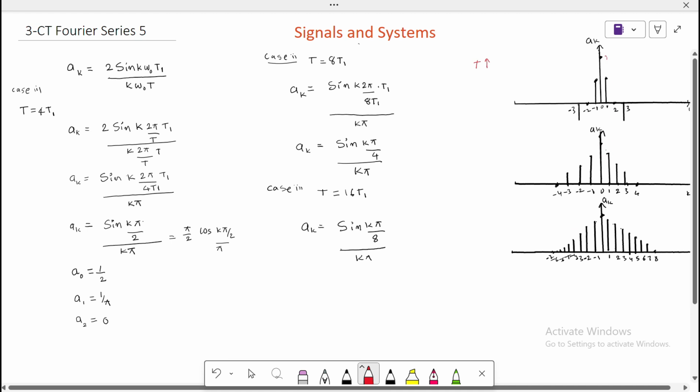Here this gap is high, again this gap is going to decrease, and here this gap is very less. So as T increases, the distance between samples decreases. So this is the concept.